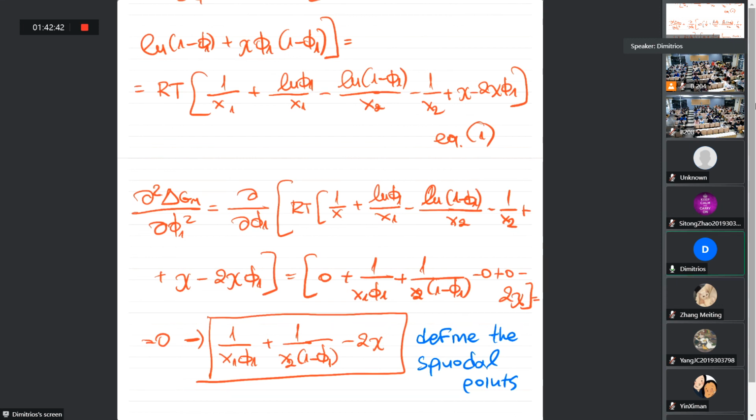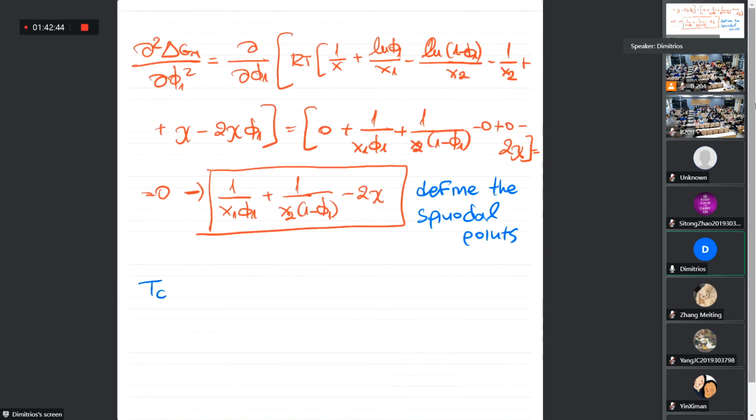As I said, for the critical temperature, we said that the critical temperature is equal to a third derivative of the Gibbs free energy to be 0. Okay.